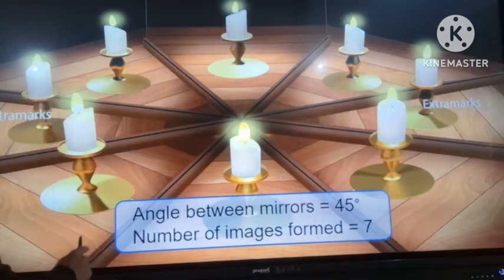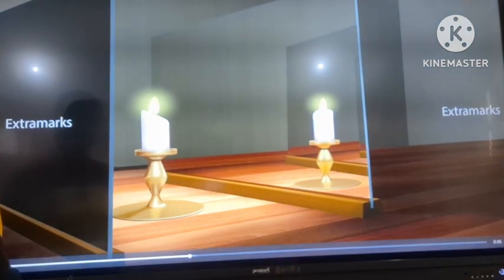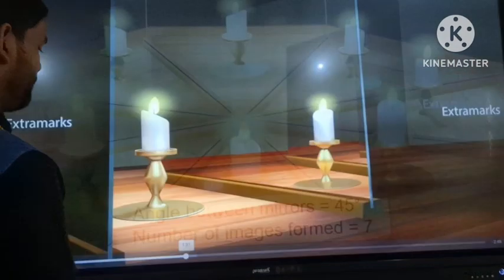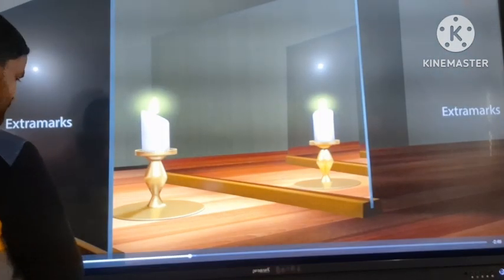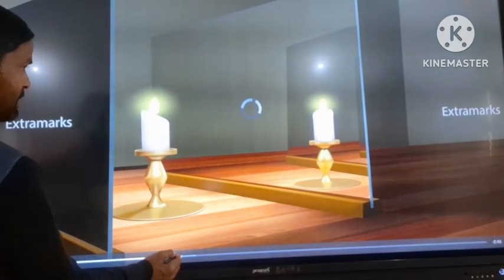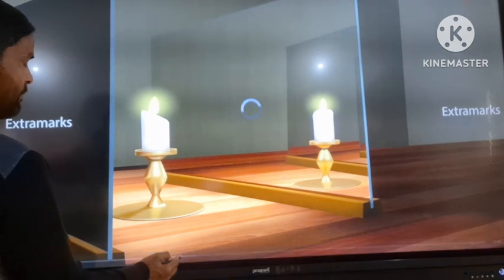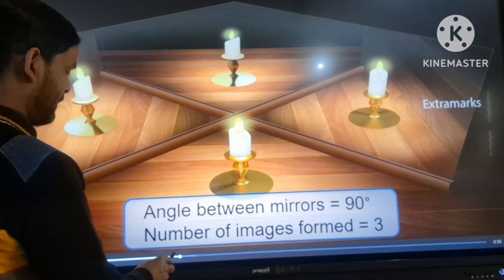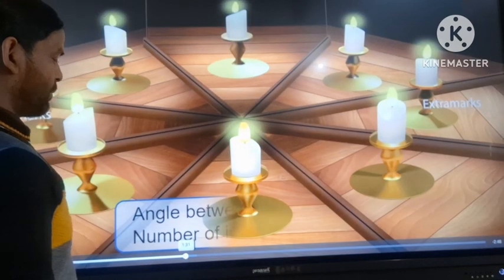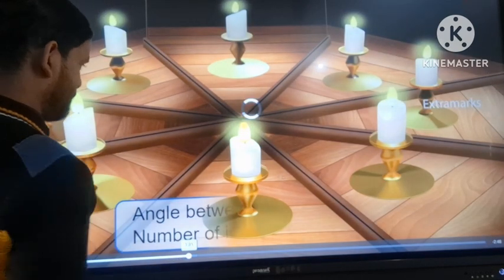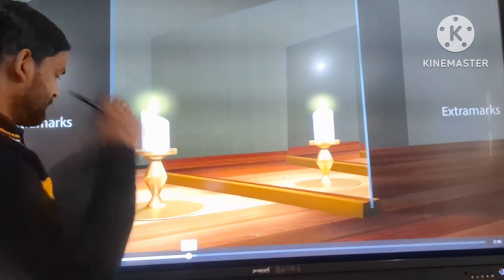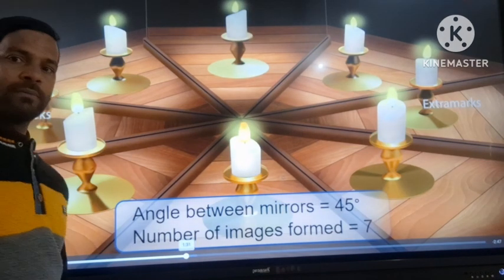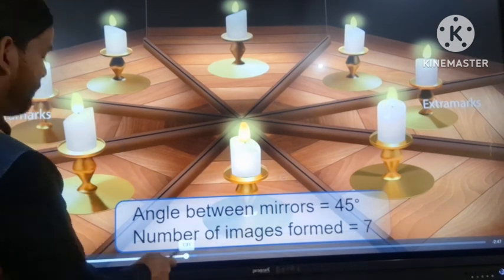Next, the angle between the mirrors. If we place the angle between these mirrors at 60 degrees, 5 images will form.